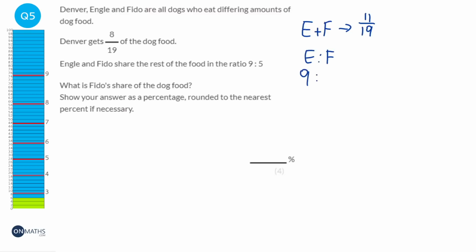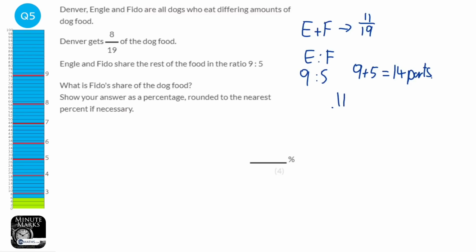So it's 9:5. Let's have a look and see, well, first of all, how many parts there are all together. So 9 plus 5, which is 14 parts. So there are 14 parts in total. And the share that they get is 11/19.